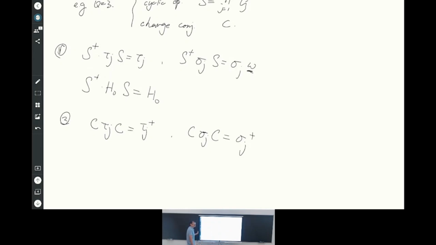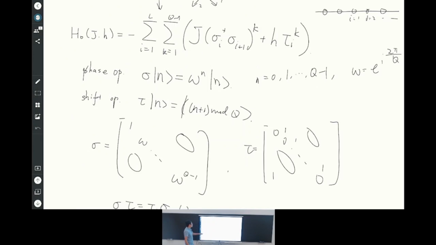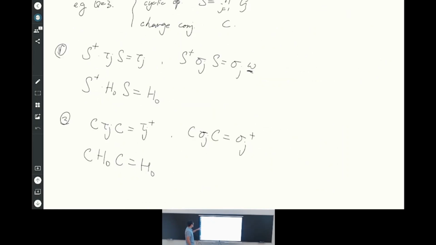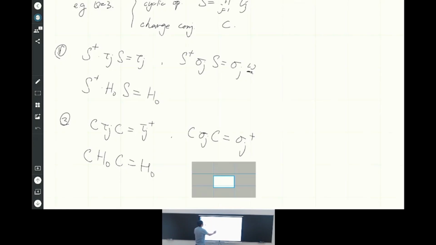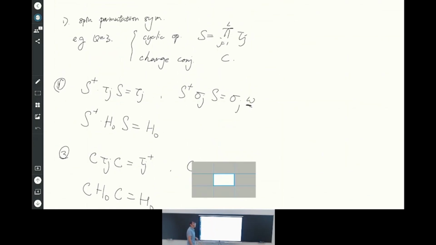Okay? And also you can apply this to the Hamiltonian, and you will see that it is invariant, since here we have a summation k from 1 to q minus 1. So in general, you can see that this model actually preserves the so-called spin permutation symmetry group.